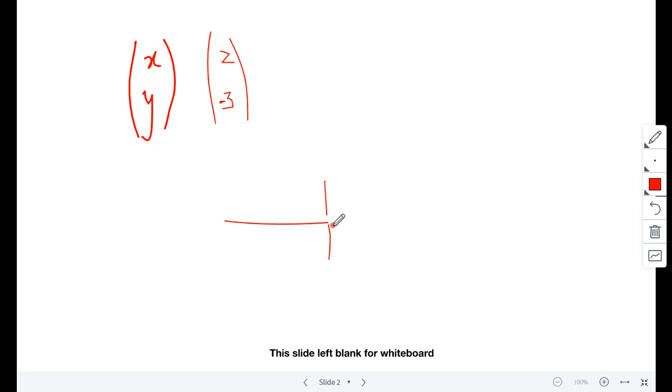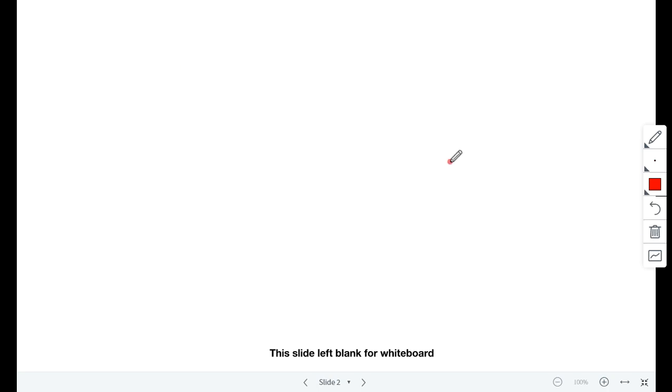Now I'm giving a simple question on transformation. You have to give me the coordinates. So there is a shape, and I'm giving you the coordinates of the shape.